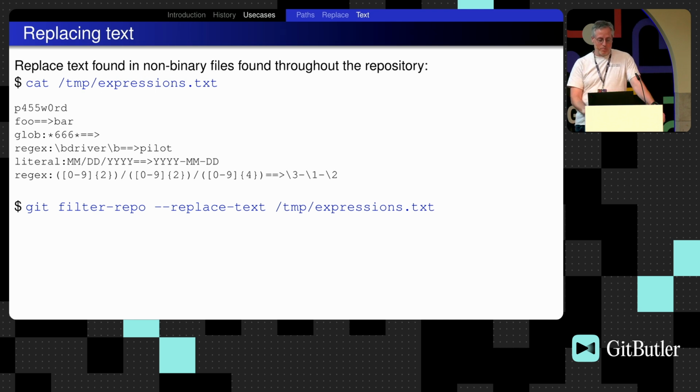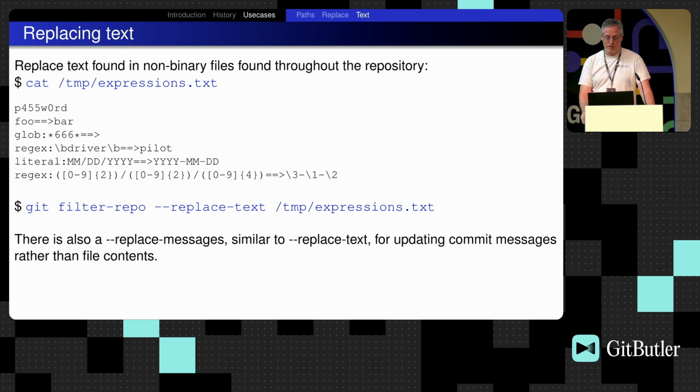But you can specify the replacement as well as some of these other lines do. And you can use globs and regexes as well when you're doing the replacement. And in addition to being able to replace the contents of files throughout history, there's a very similar command for replacing commit messages throughout history using a file with the same kind of structure.